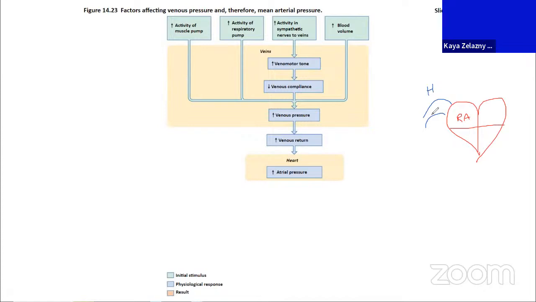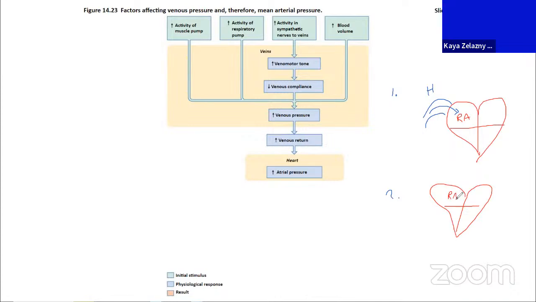So if we've just created high pressure in this vein returning to the heart, we've created a system where lots of blood goes back into the right atrium. So we can think of this as timestamp 1, so that we can understand this next thing on the flow chart, which is at timestamp 2, after we have that blood come back to the heart. All right.